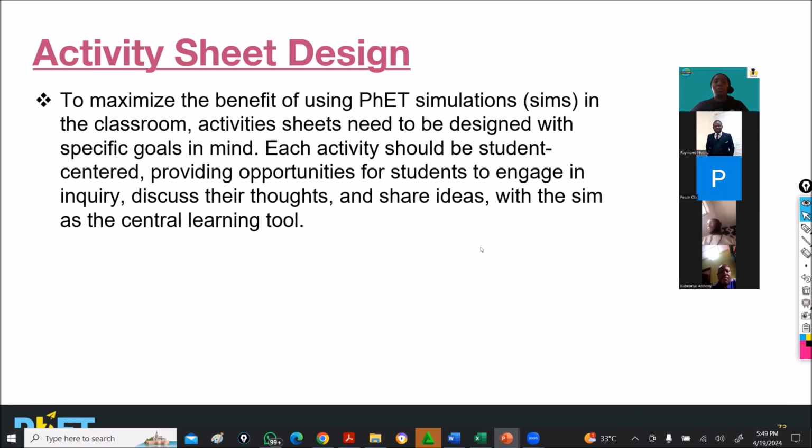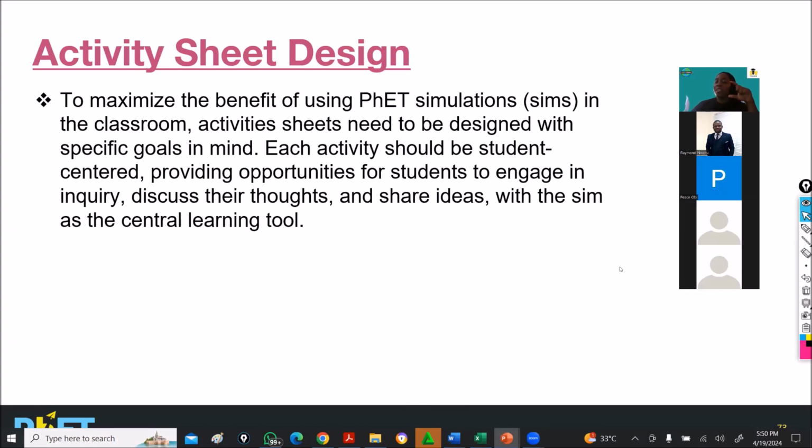So your activity sheet design is to maximize the benefit of using PhET in a classroom. Your activity sheet needs to be designed with specific goals in mind. Each activity should be student-centered, providing opportunities for students to engage in inquiry, discuss their thoughts, and share ideas with the sim as the central learning tool.